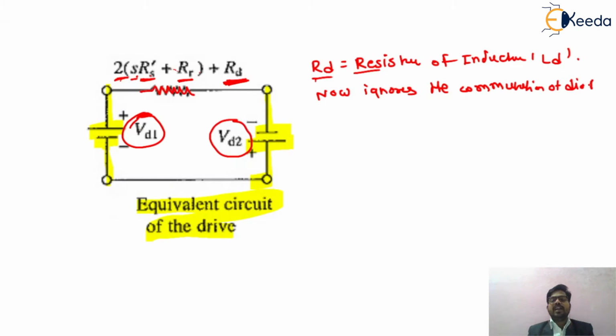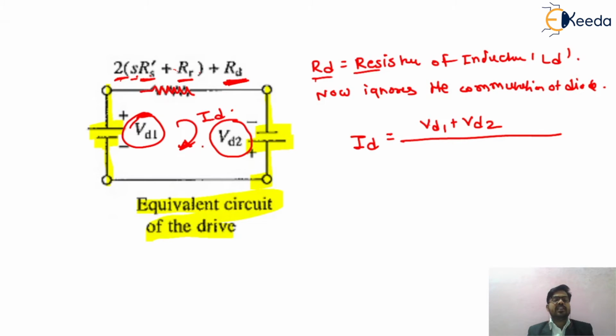Now we can rewrite this equation because we want to find the value of ID from that circuit. The current ID is equal to VD1 plus VD2 divided by the resistance, as according to Ohm's law, the current is voltage divided by resistance. This should be the total resistance of your circuit.